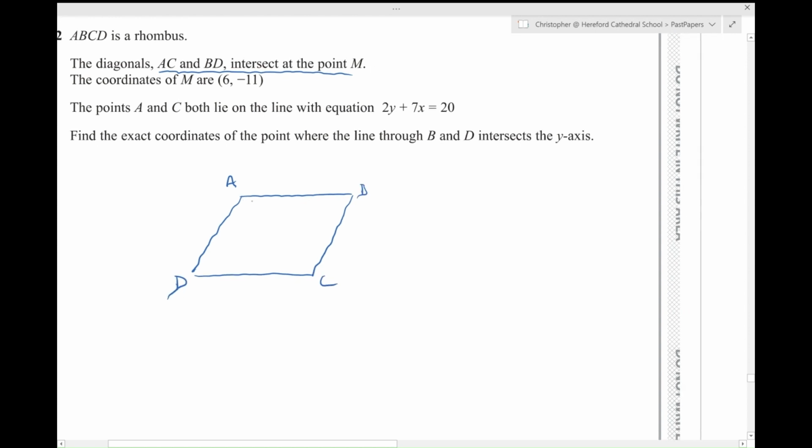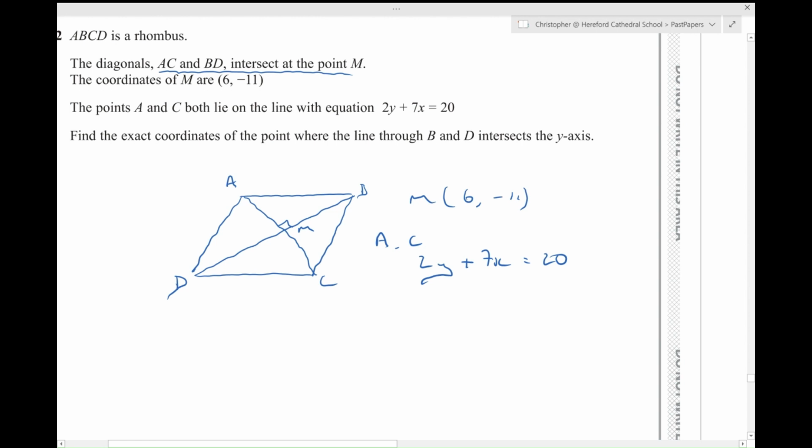So here's AC, and here's BD, and they cross at 90 degrees, and they intersect at M, and the coordinates of M are 6, minus 11. And it tells me that A and C lie on this line, 2y plus 7x equals 20.